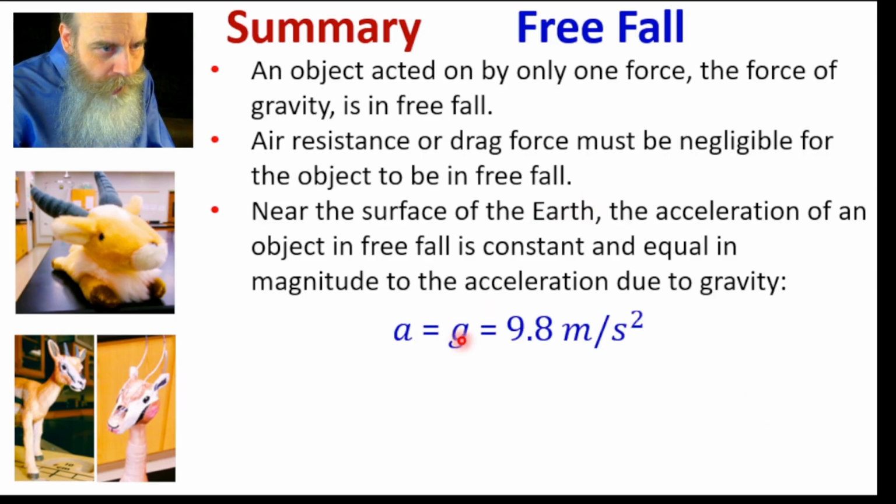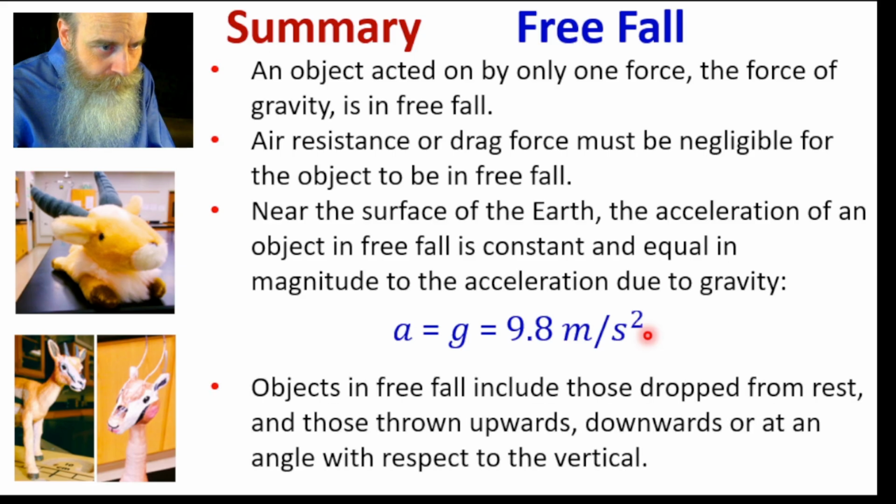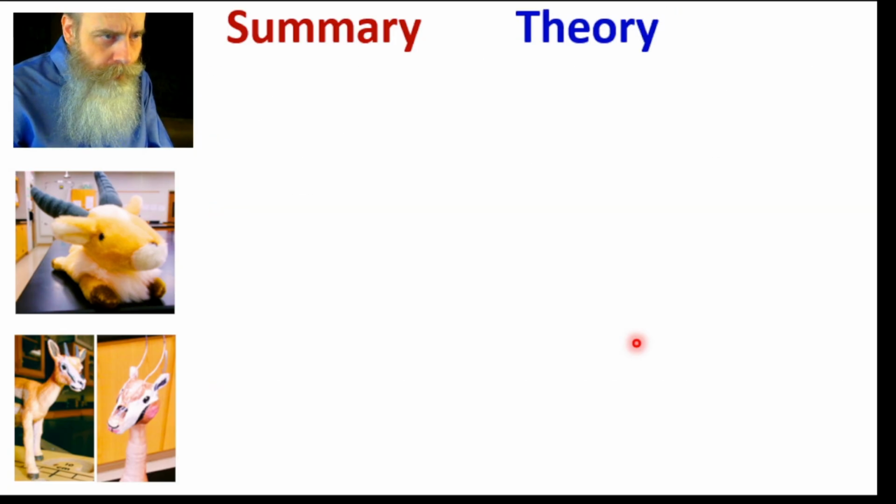So a equals g equals 9.8 meters per second squared. And objects in free fall include those dropped from rest and those thrown upwards, downwards, or at an angle with respect to the vertical.